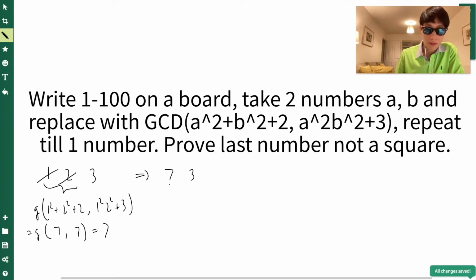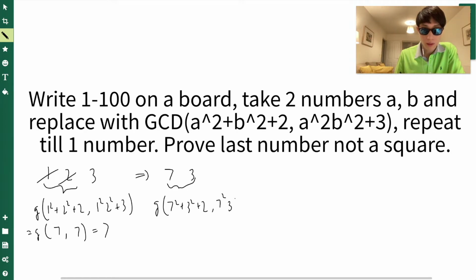Now we do the same process again, which gives us the GCD of 7 squared plus 3 squared plus 2 and 7 squared times 3 squared plus 3. This is 49 plus 9 plus 2, and 49 times 9 plus 3.